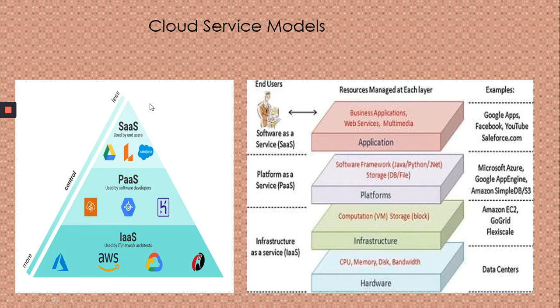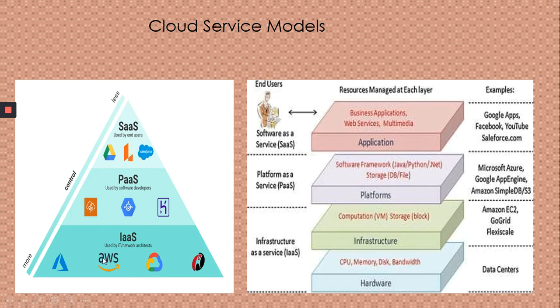On the left-hand side, software as a service is used by the end user. If you see the triangle, infrastructure as a service is used by IT or network architects. Platform as a service is used by software developers or infrastructure operations people. SaaS is used by end users.